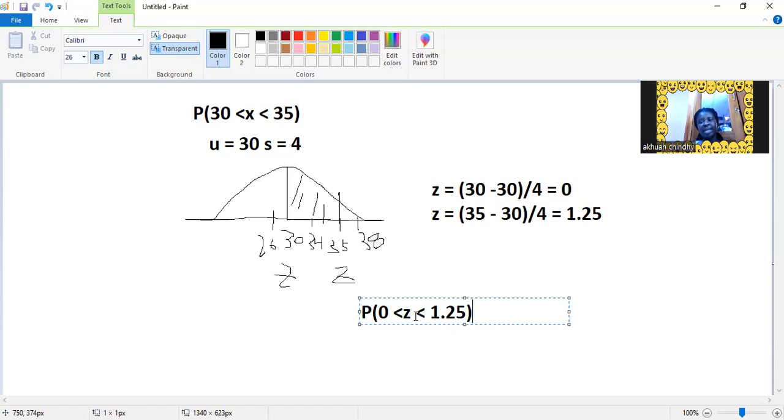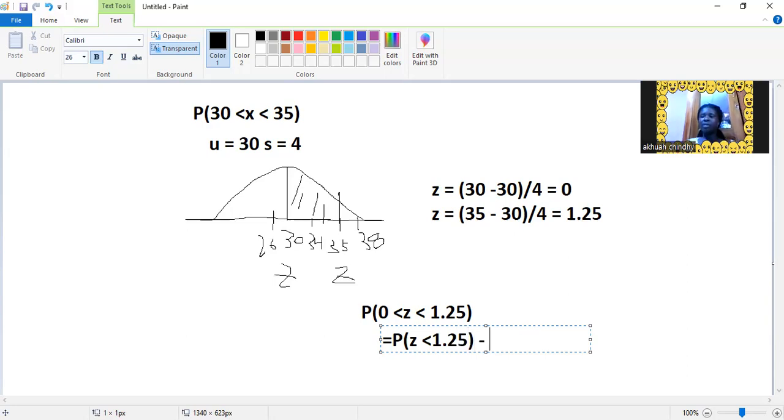This is what you are looking for. What does this mean? In other words, the probability for this is equal to the probability, using the table, of z less than 1.25. So always the bigger figure will come first.